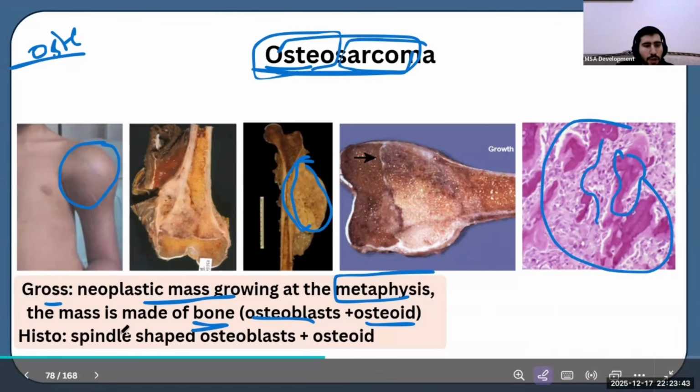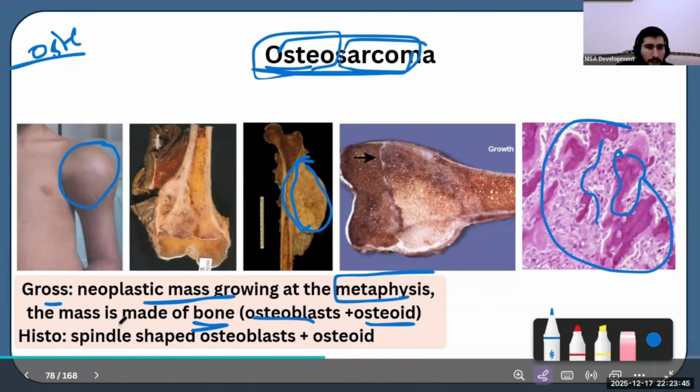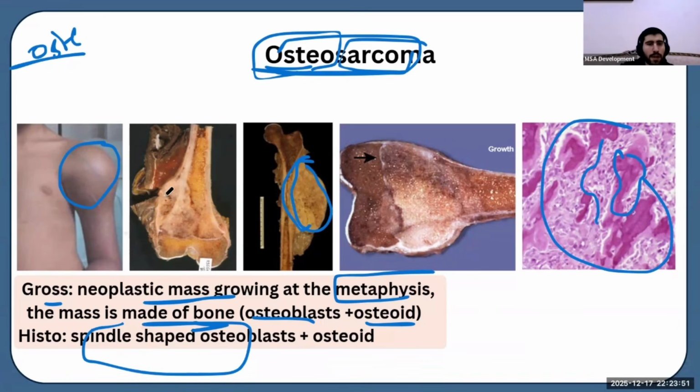Histology-wise, the osteoblasts look spindle-shaped. Simple. Osteosarcoma, malignant proliferation of osteoblasts. It occurs at the metaphysis. It will show osteoblasts and osteoid in histology, and they're spindle-shaped cells.